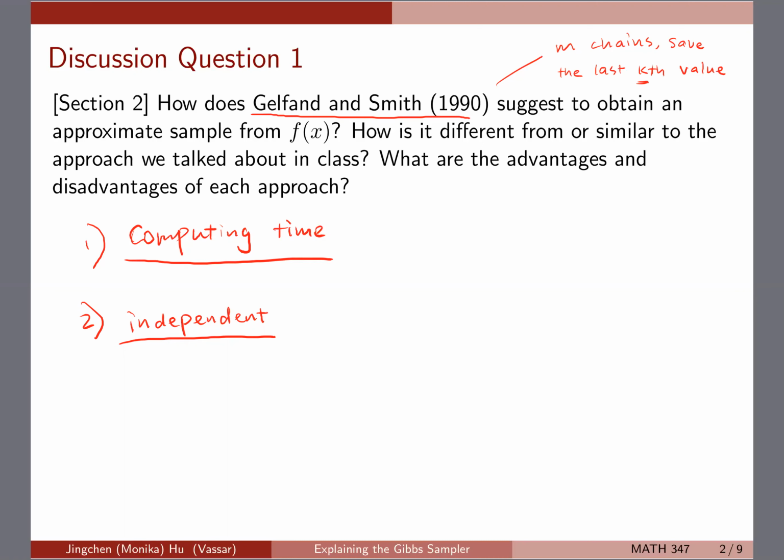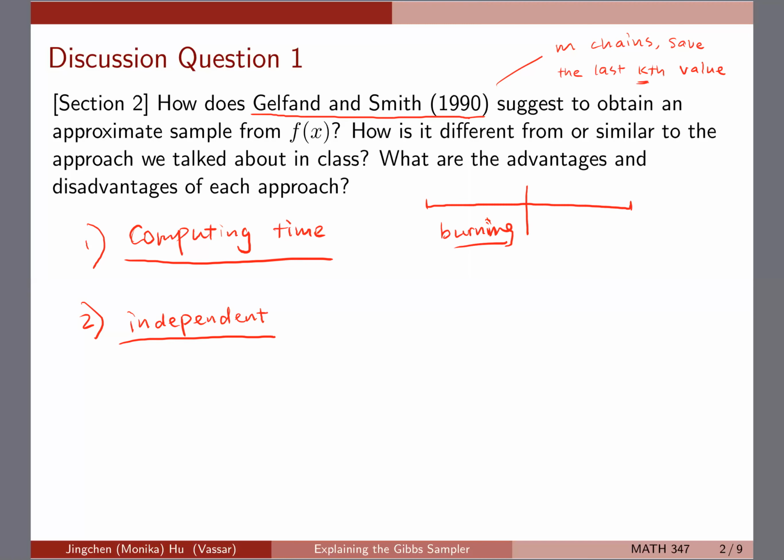That makes sense? Everybody agrees? Okay. So as Caroline was talking about in our class, what we were talking about is we run a super long chain, and then we do certain things, right? Like say we do burn in when we want to get rid of the influence from the beginning or initial values.